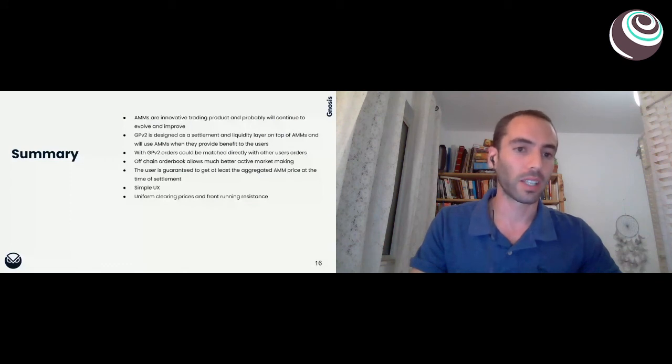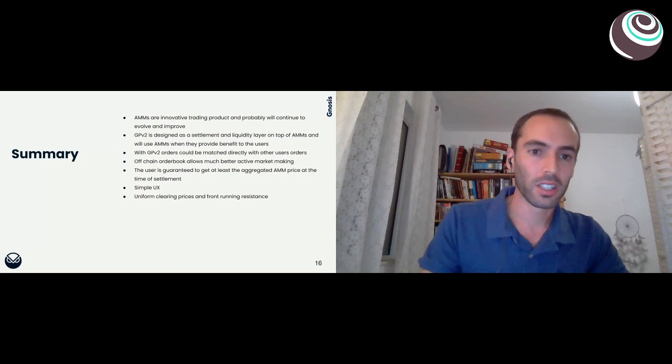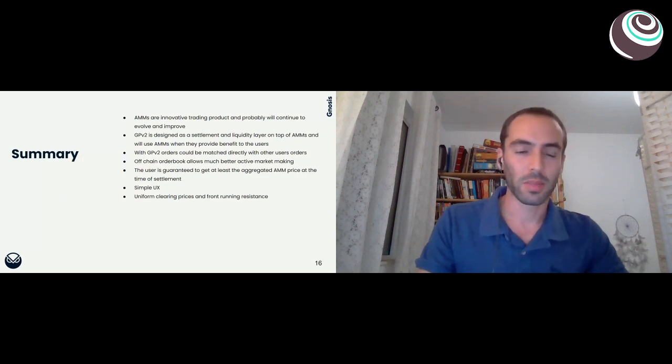Everyone in the same batch will get the same price, in contrast to AMMs, where even participants in the same block will get different prices, and it will be front-running resistant at least to a certain level, because the liquidity that is sourced from AMMs might still be front-run, but trades between two parties will not be front-runnable. So those are some of the advantages here.